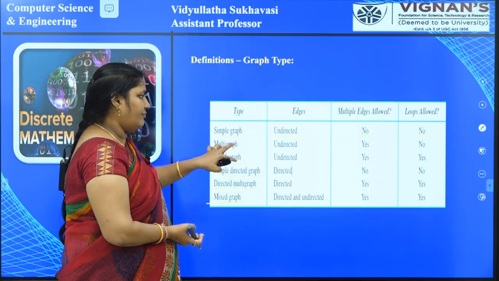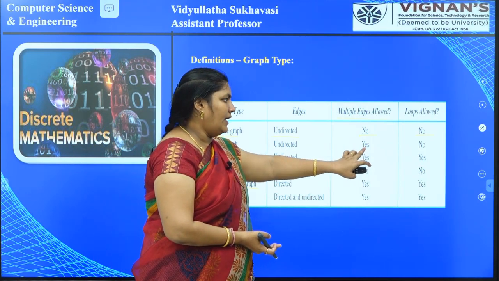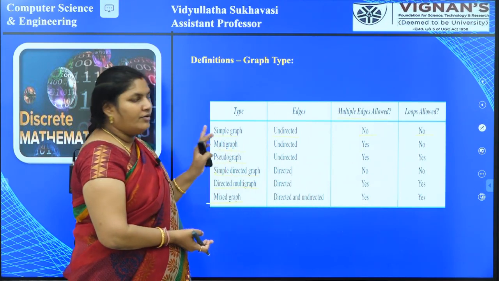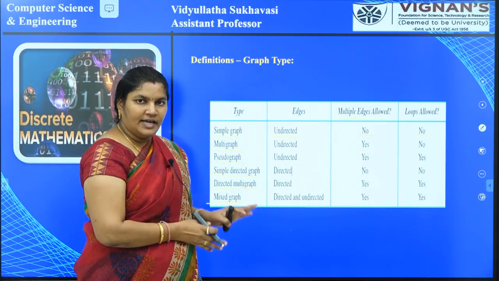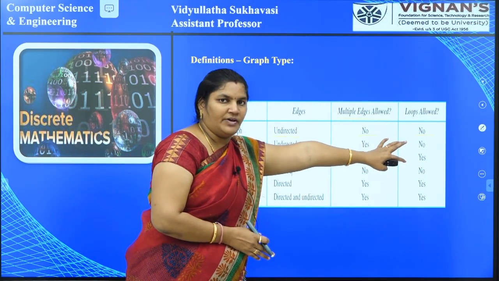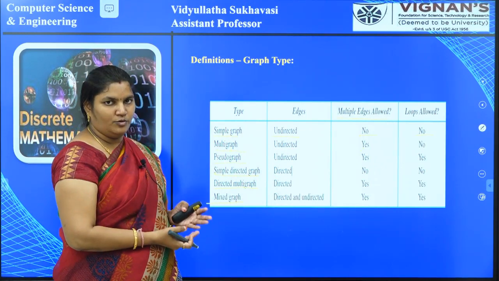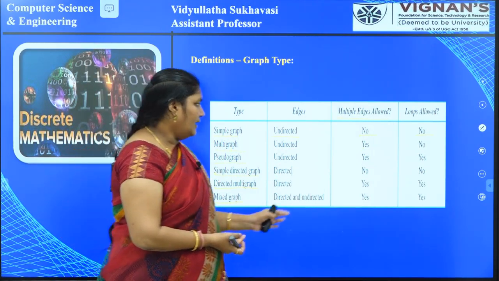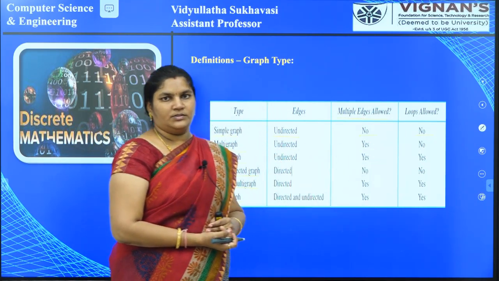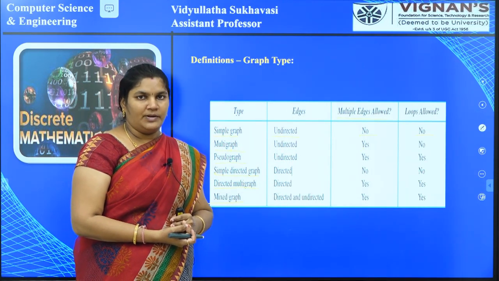Next, the multigraph is also an undirected edge type and allows multiple edges, but loops are not allowed. In a multigraph we can specify undirected edges with multiple edges but we cannot specify any loops. In the case of a pseudograph we use only undirected edges, but we can specify multiple edges and also loops. Already we have discussed that the pseudograph allows loops and multiple edges.